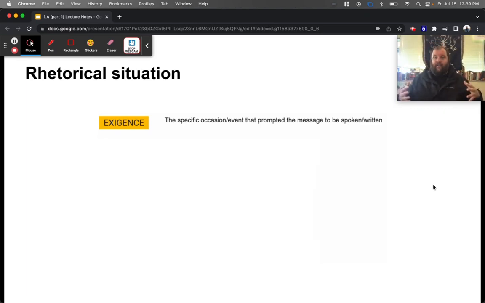Why is it that this speaker, this writer, sat down and started writing the words on the page? Or if it's an impromptu speech, what prompted them to walk up to the mic and just go? That's exigence, and that's really important and really fascinating to think about, right?